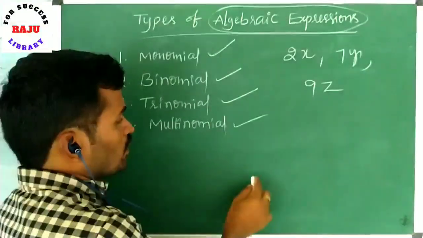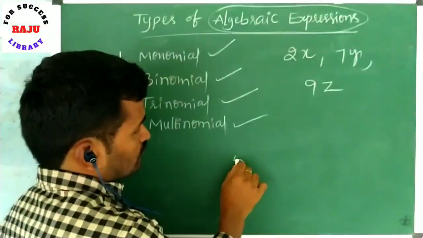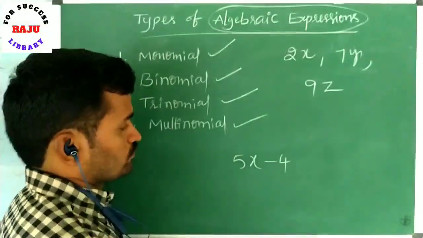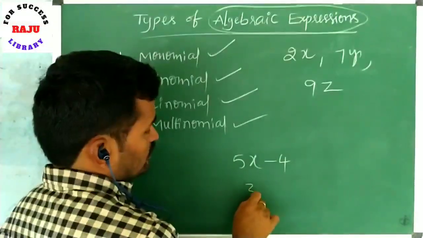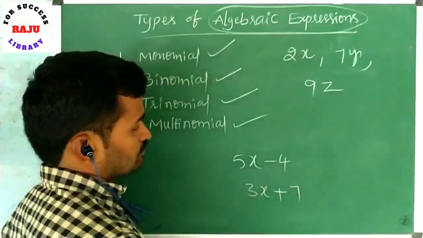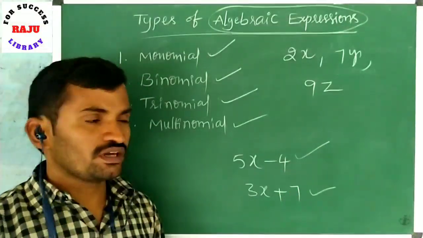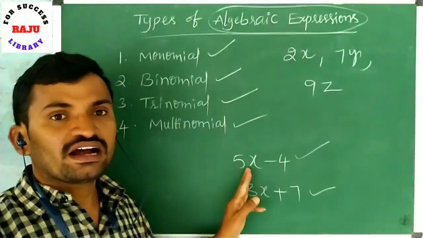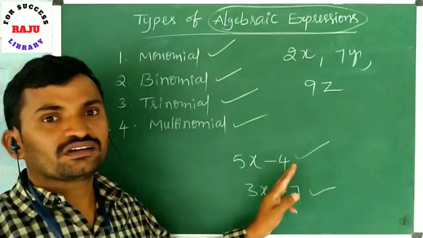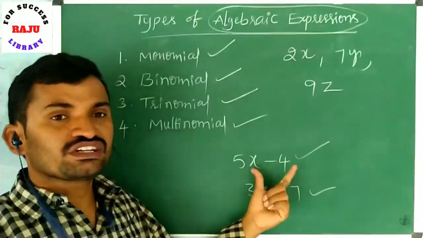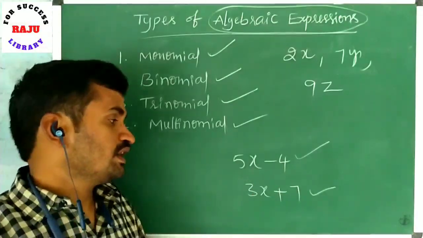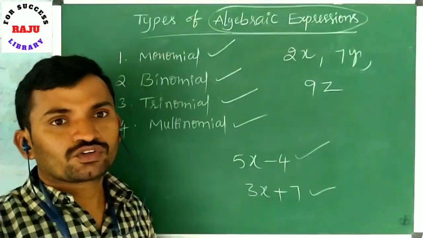But when we take binomials, 5x minus 4 and 3x plus 7, both are binomials. How can we say? Here 5x is an algebraic term, 4 is a numerical term, and minus is dividing it into 2 terms. Here plus is dividing it into 2 terms.